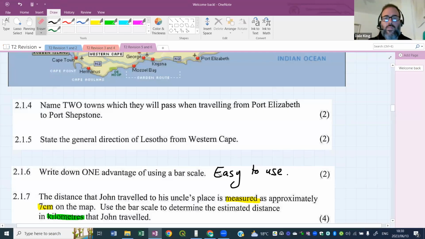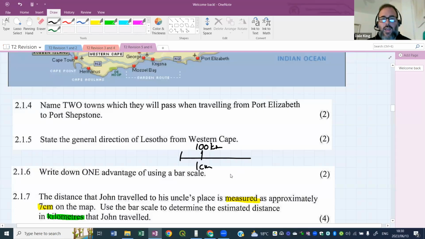Now I'm going to give you the scale to use, and then you're going to tell me what to do with it. When we had our ruler and we measured here, 1 centimeter on our ruler gave us 100 kilometers on the bar scale. That's all I'm giving to you.